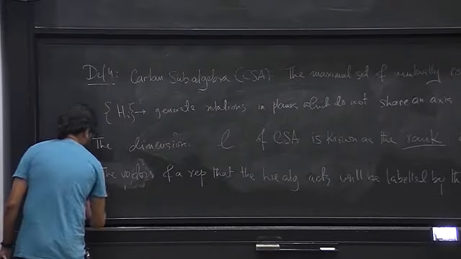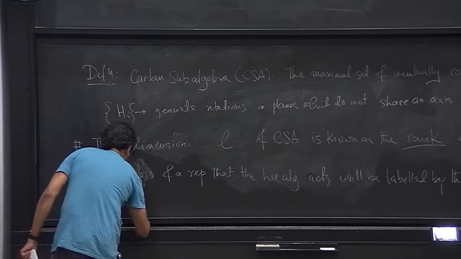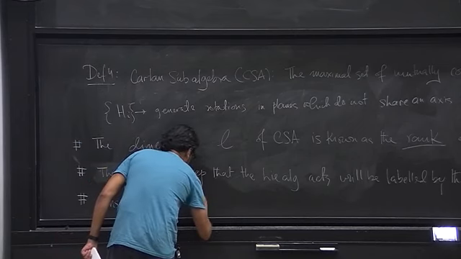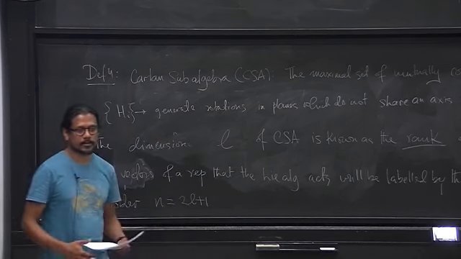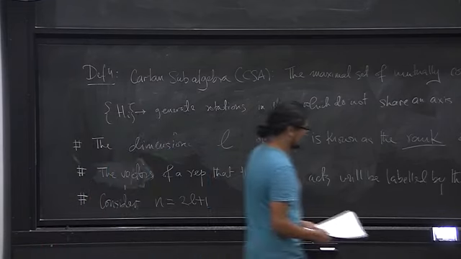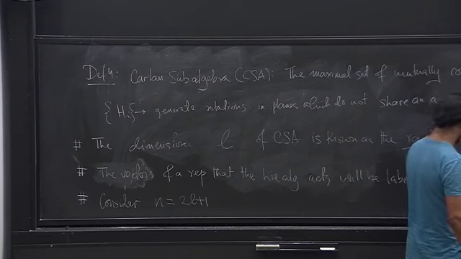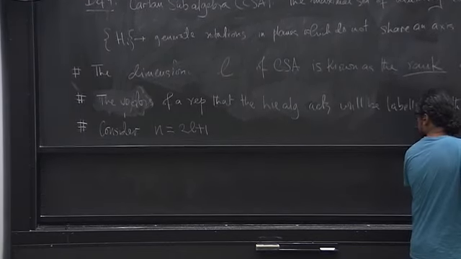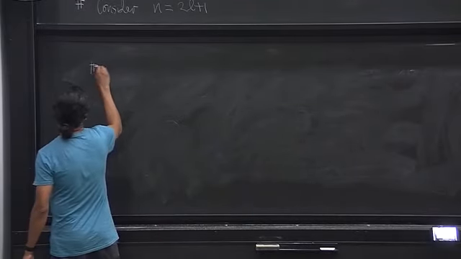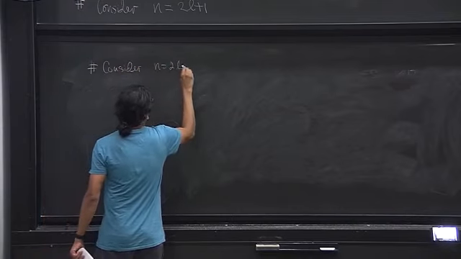So now, consider the case when the n of SO(n) is an odd number. I think this deserves its own blackboard. So consider n is 2L plus 1.